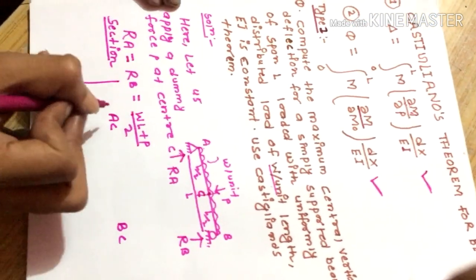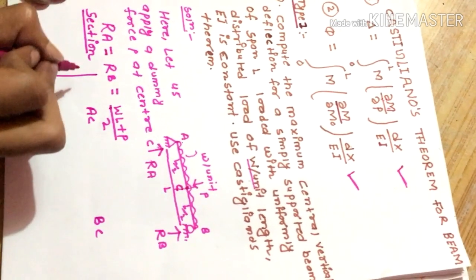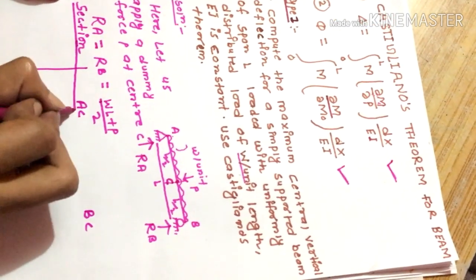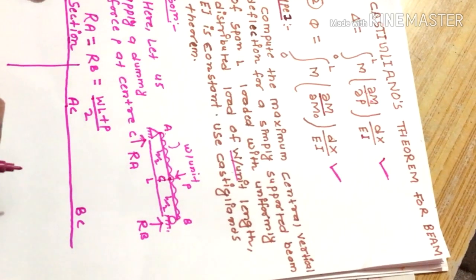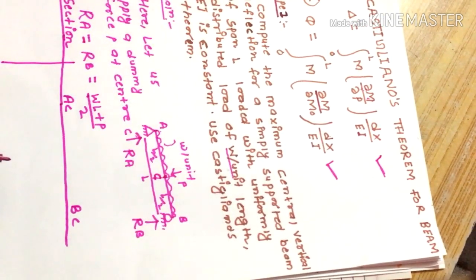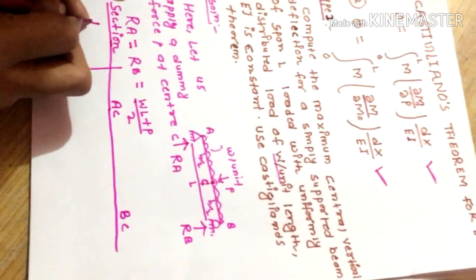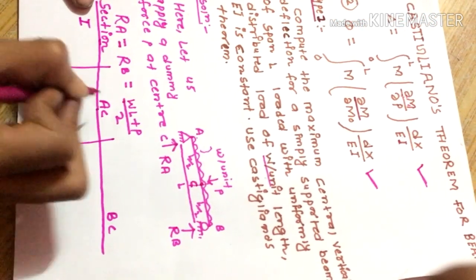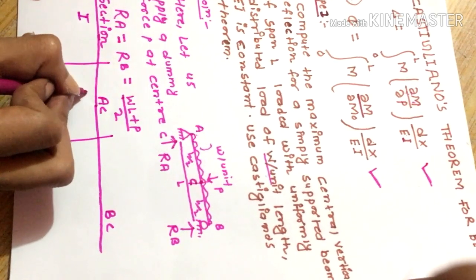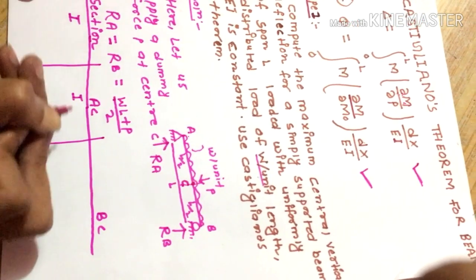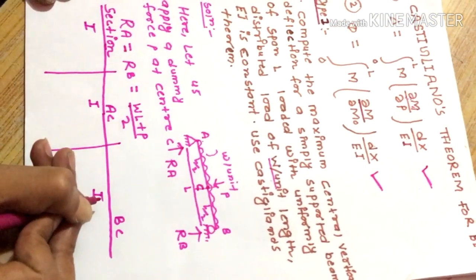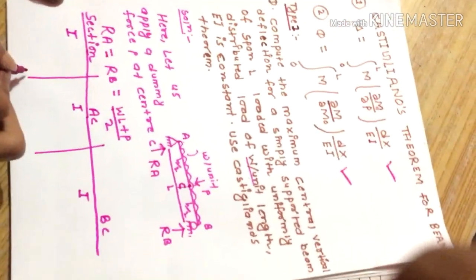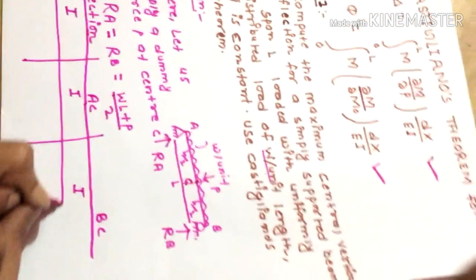According to the question, the moment of inertia is constant throughout the figure. So I is constant for both sections, that is I for AC and I for BC. Next, origin.